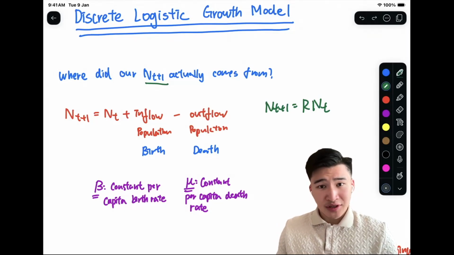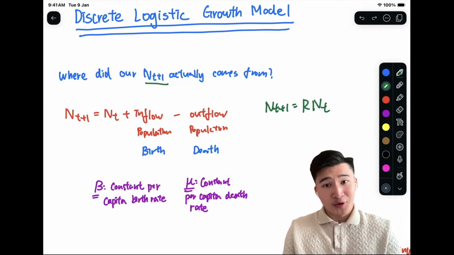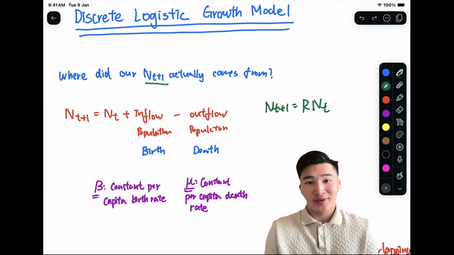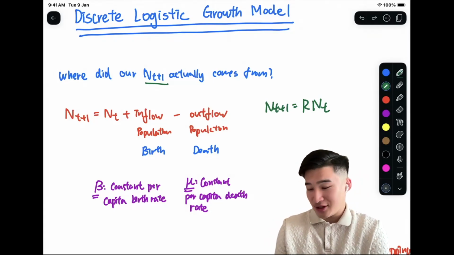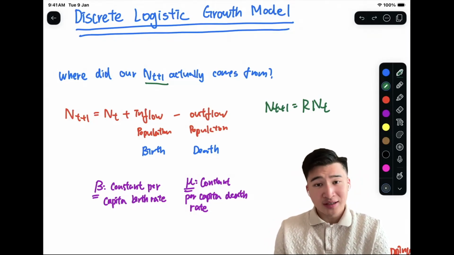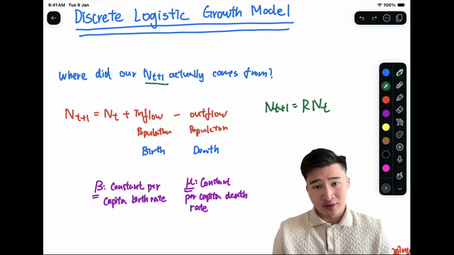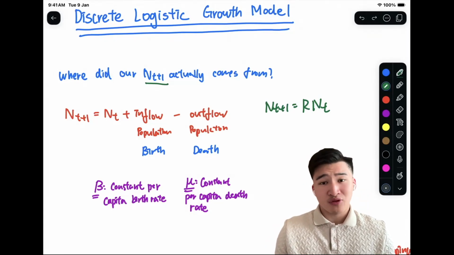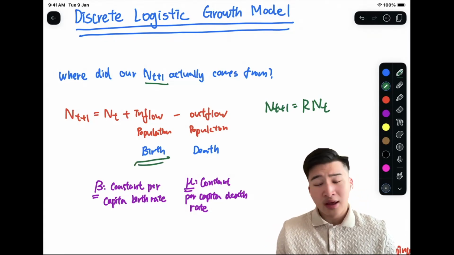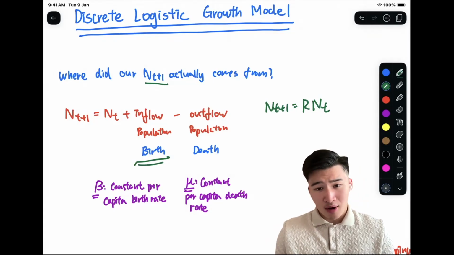Well, to look for our next population, we first have to find our current population, because without the current population, we're not going to have our next population. So we have our current population, in addition to the increase of our population, and that most likely comes from birth. So you can see here birth, and then we want to subtract the outflow population, which is how many people died.